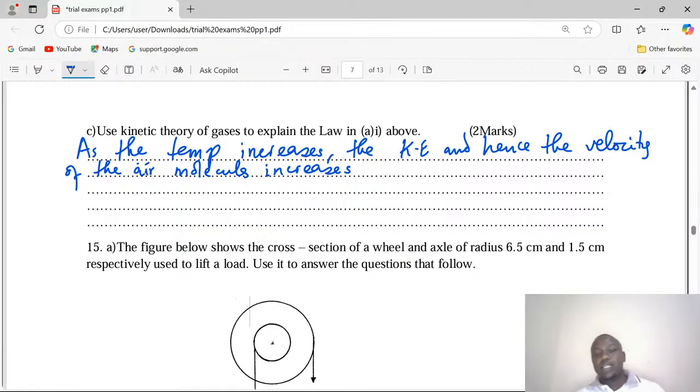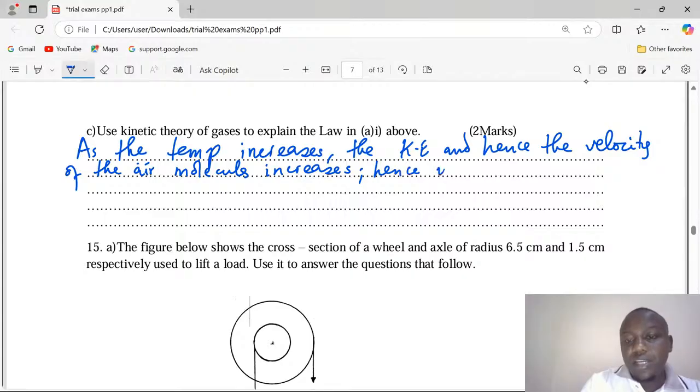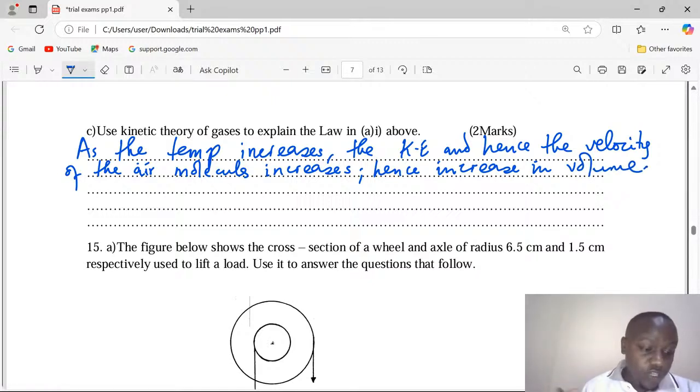Hence, an increase in volume. The law is also talking about a constant pressure.